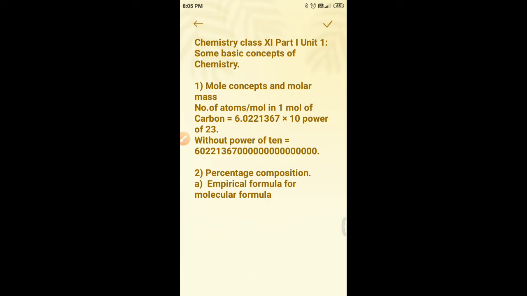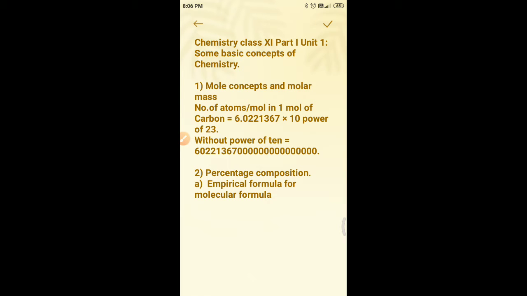In the same way, 1 mole of sodium chloride is 6.022 × 10^23 formula units of sodium chloride.